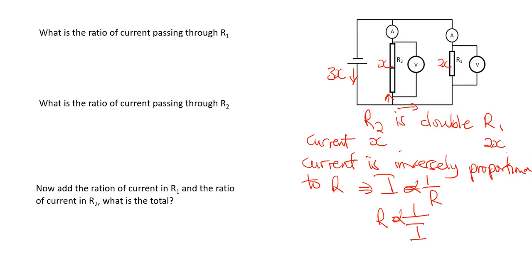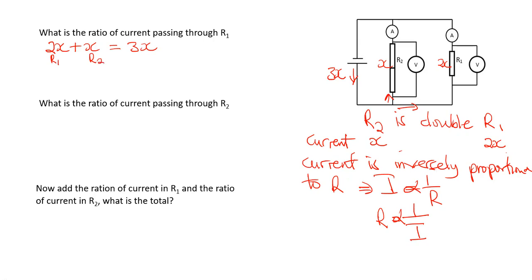So we are trying to find the ratio. We have 2X plus X to give us a total of 3X. This one is for R1, this one is for R2.